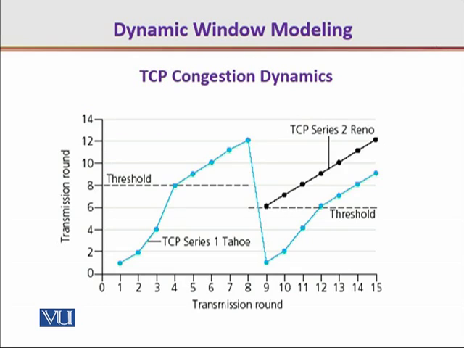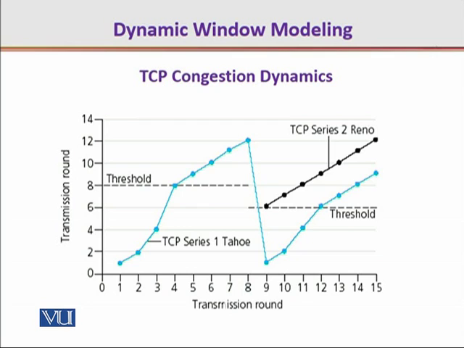The TCP congestion control dynamics can be best described using this illustration. Here you can see we have transmission rounds or transmission epochs in which the client receives data from the server.